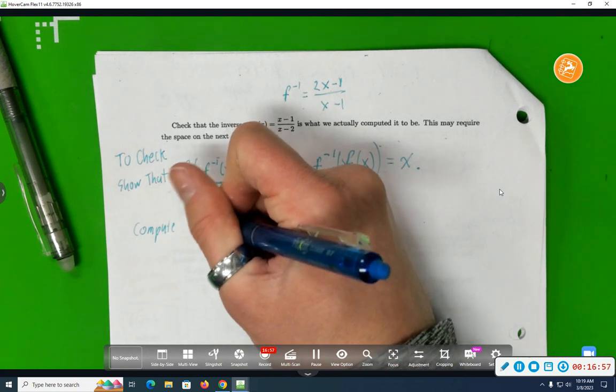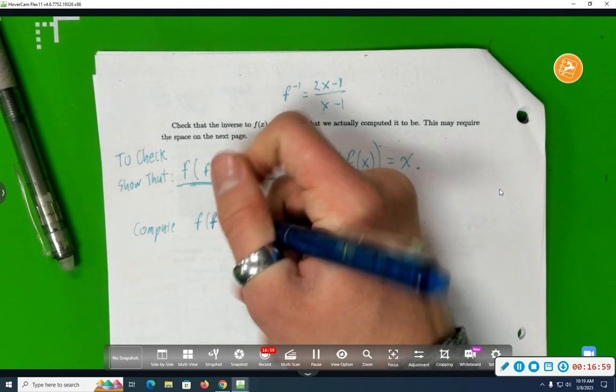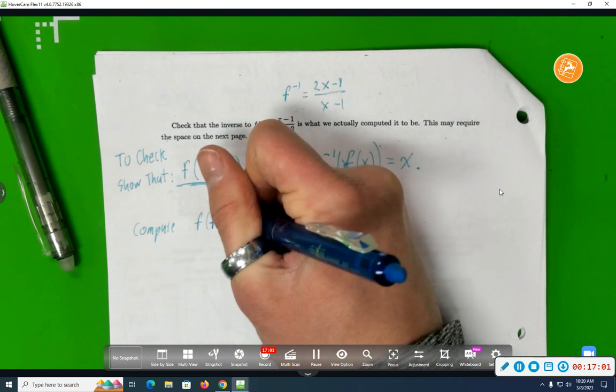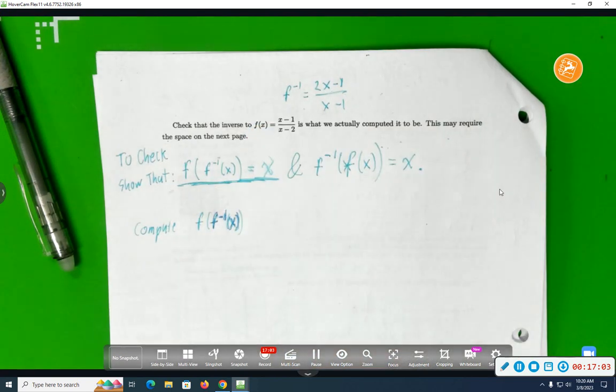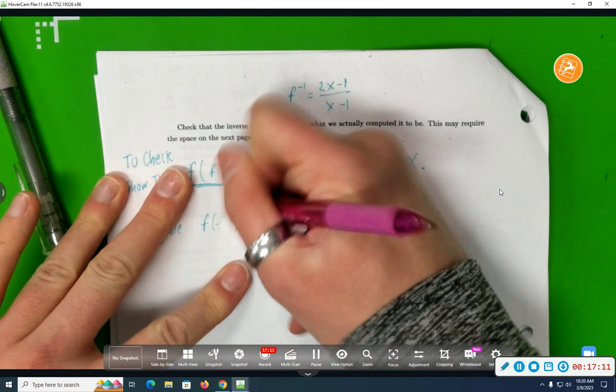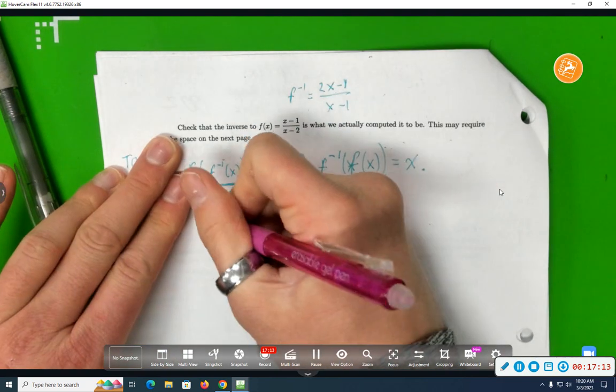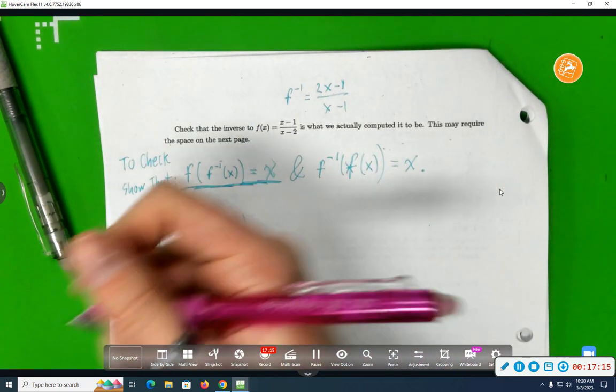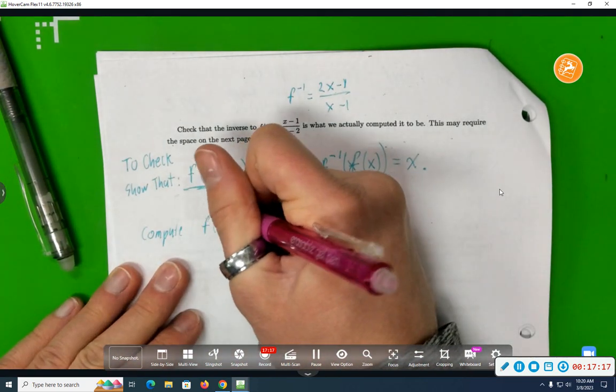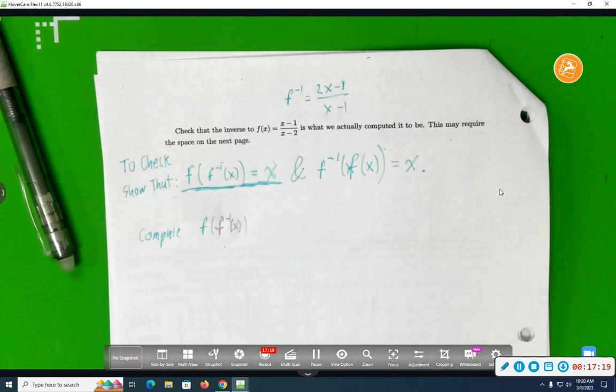I'll color code a little bit. Lighter blue and darker blue. That didn't show up at all. Lighter blue and pink. So, do I have a formula for what f of x is?